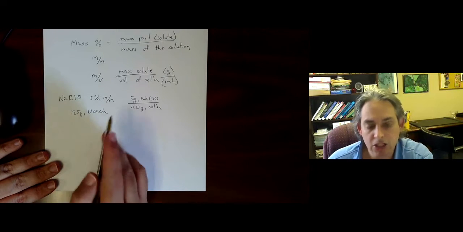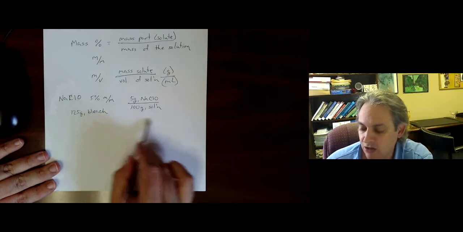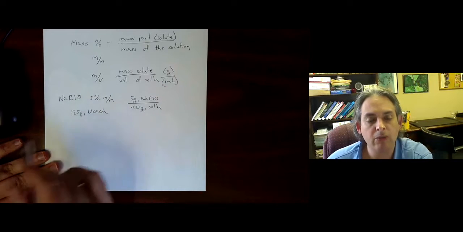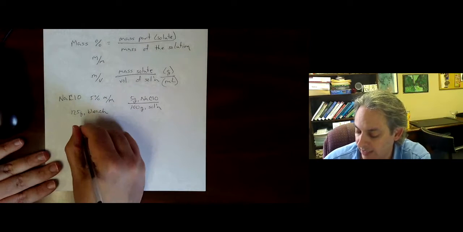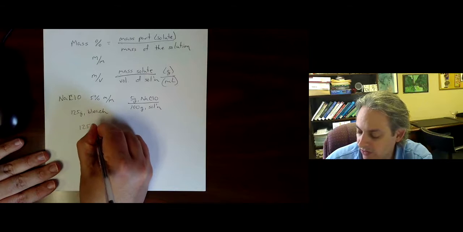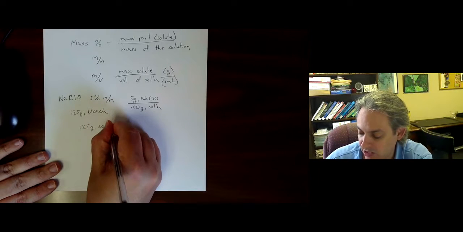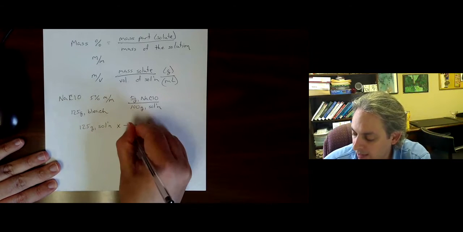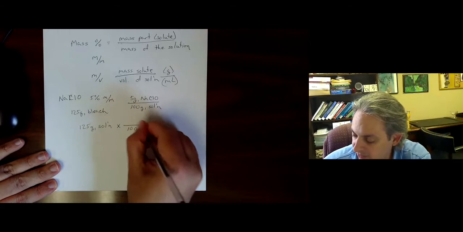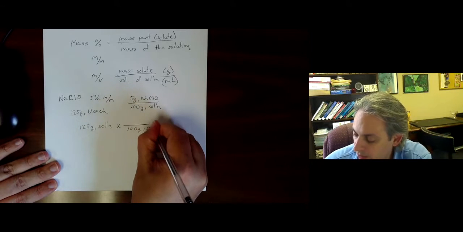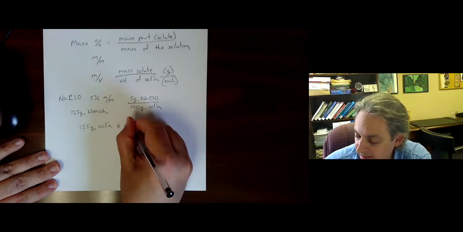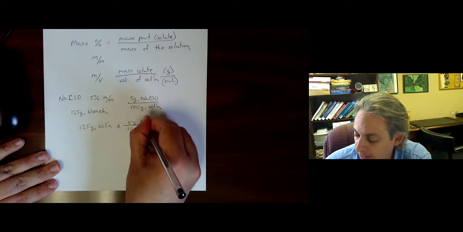So if we have 125 grams of bleach, we can use this ratio to determine how much sodium hypochlorite we have. We have 125 grams of bleach, which is our solution, and we multiply it by this ratio of 5 grams to 100 grams for our conversion to get grams of sodium hypochlorite.